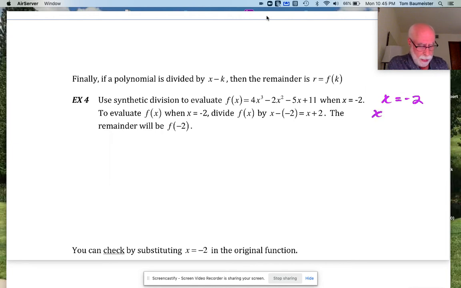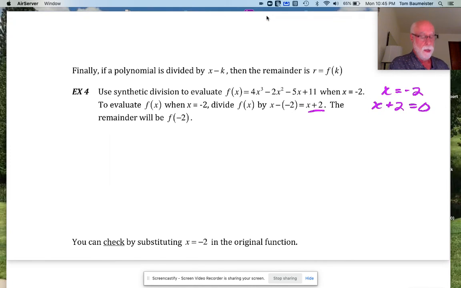So then to get x and the 2 on the same side, so we can set it equal to 0, that's kind of what they're just telling you. So that's where this x plus 2 came from. They're trying to make it seem difficult, but it's really not.